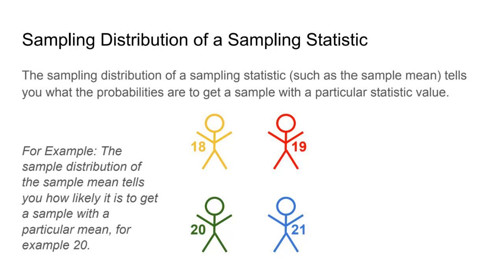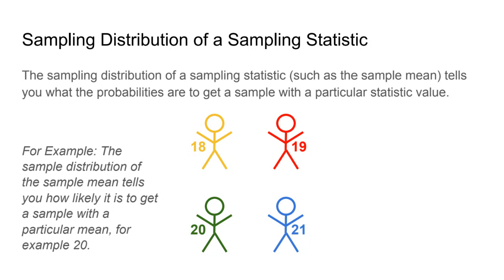What's the probability to get a sample with a sample mean of 19.5, right? And the answer to these questions is given by the sampling distribution for the sample mean. So the sampling distribution of the sample mean simply tells us how likely it is to get a sample with a particular mean.